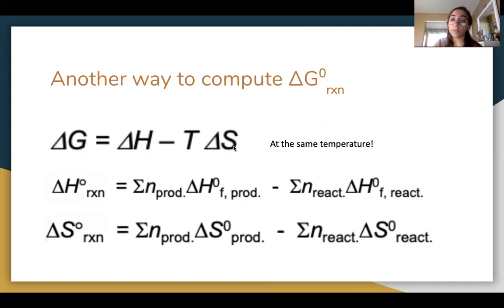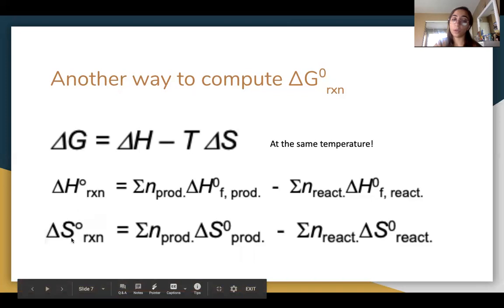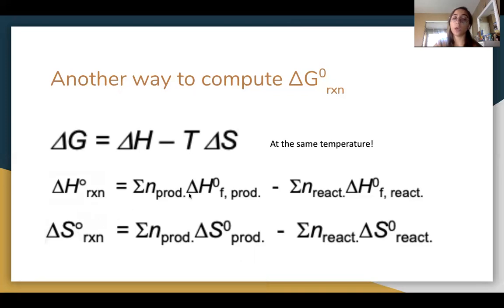Again, the way to find delta H is very similar to the way to find delta G and delta S as well. You take number of moles times the value, delta H or delta S or delta G, depending on which one you're finding, and multiply by number of moles and do products minus the reactants. These values are always given to you. You're never expected to memorize these values.